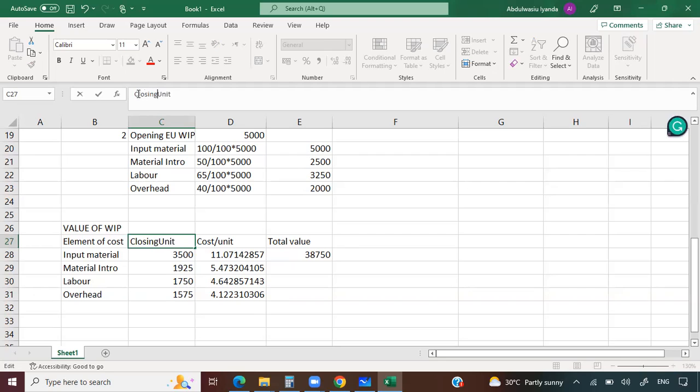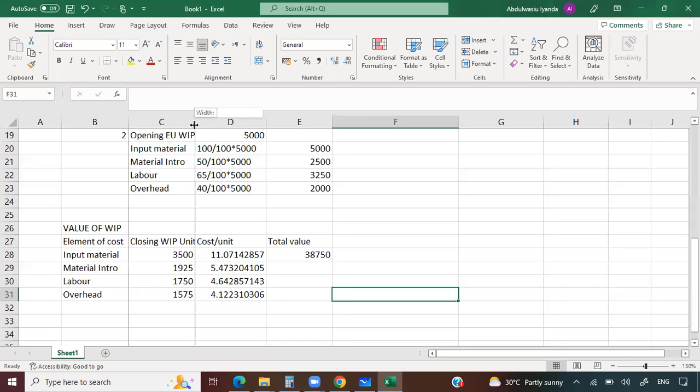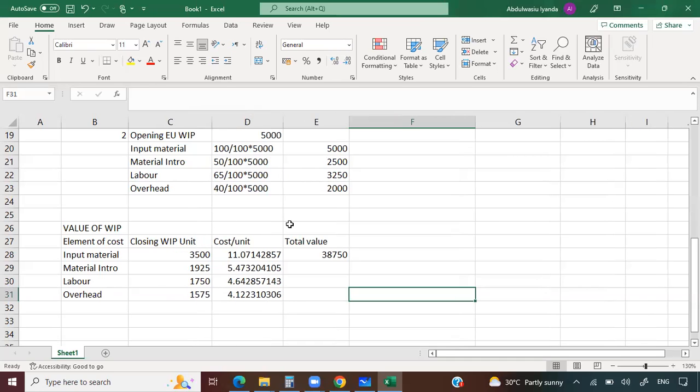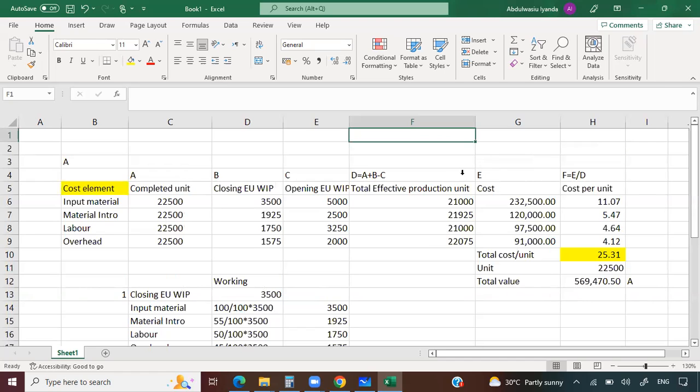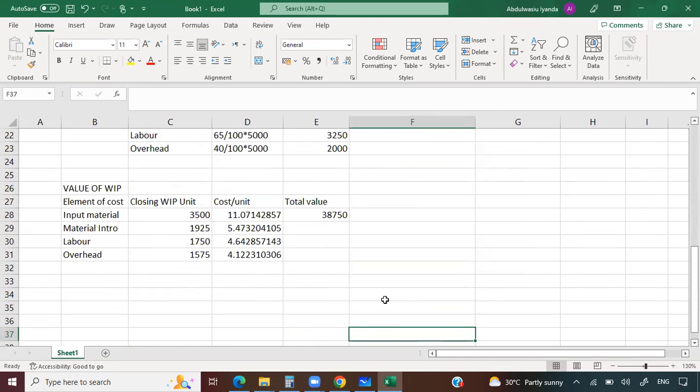Yeah. So now this is the closing. This one is closing work in progress. This is what we are asked to do. This is the unit. You multiply by the cost per unit. The cost per unit is already this. That will give us the value of the closing work in progress.